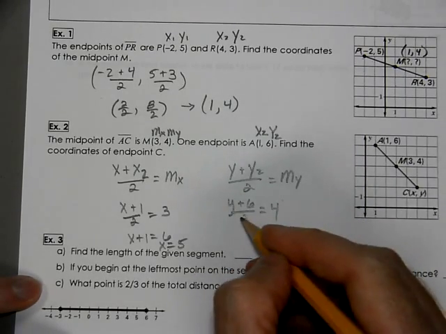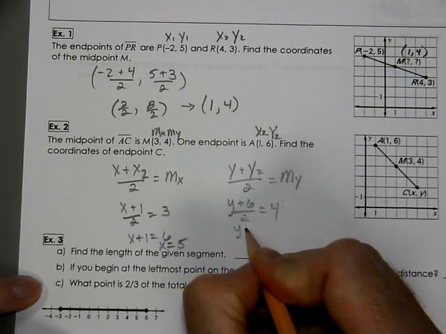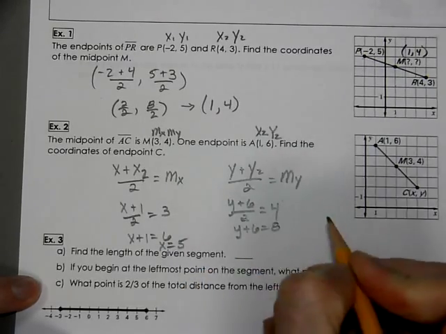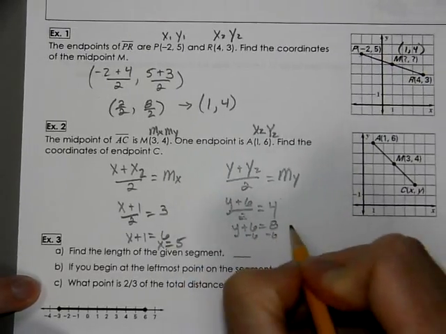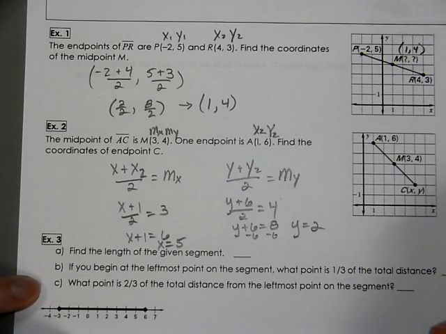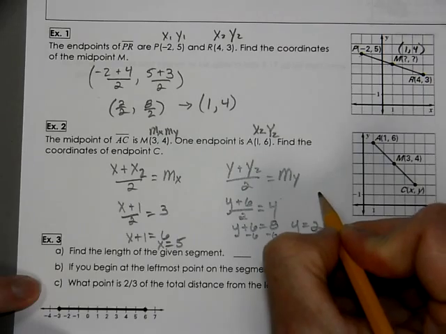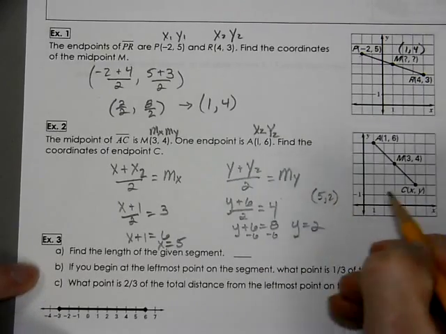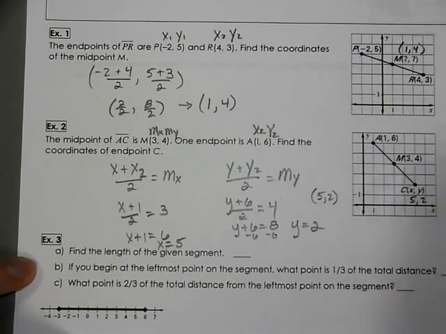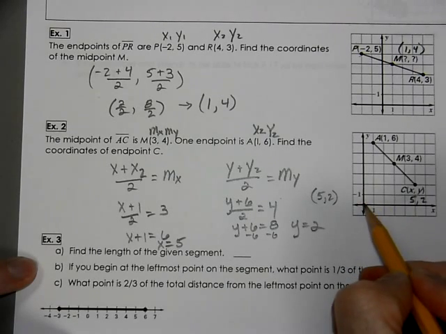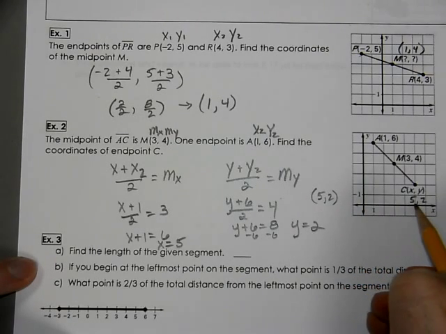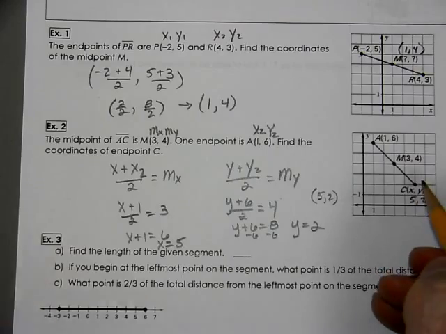Multiply by the denominator to get it out of the bottom. Subtract the 6, and y equals 2. So our answer is going to be (5, 2). That's this other point.